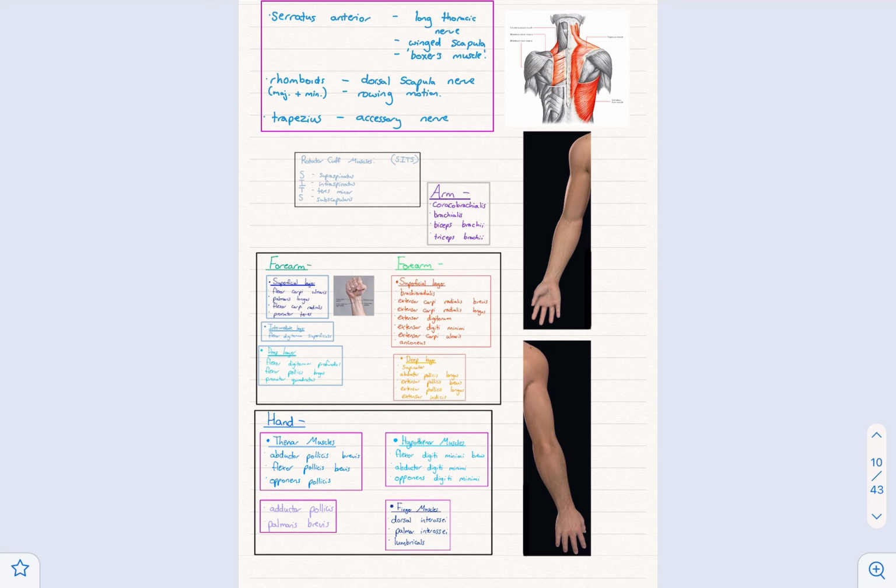That would be flexion of the arm. If we now do flexion of the forearm, so we're bending our arm at the elbow, that is also flexion.